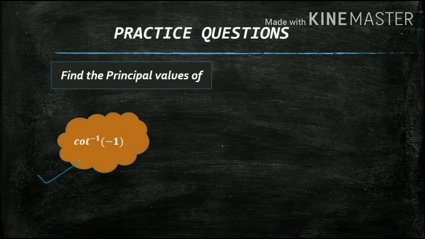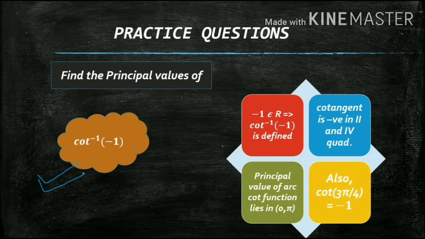Now you have to find the value of cot inverse minus 1. Do this question. This is the solution. Minus 1 belongs to R, meaning minus 1 is a real number, which is the domain for the inverse cot function. So cot inverse minus 1 is defined.